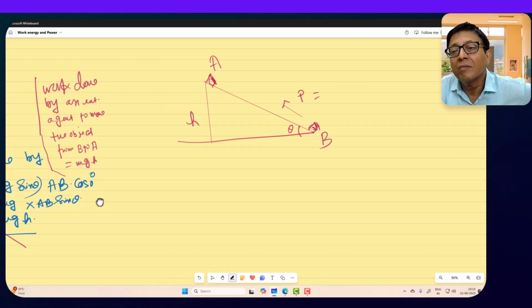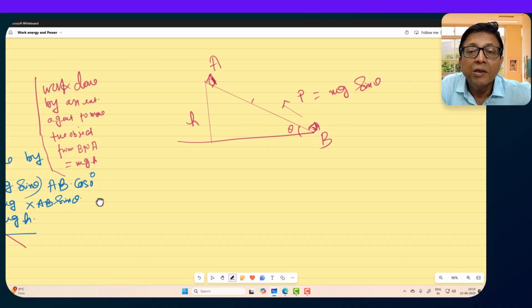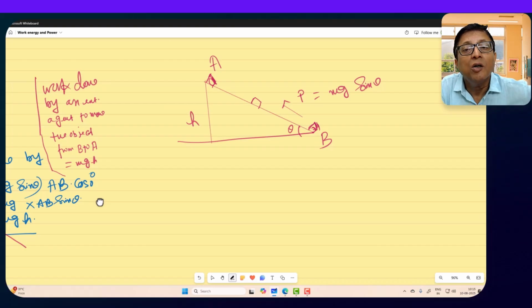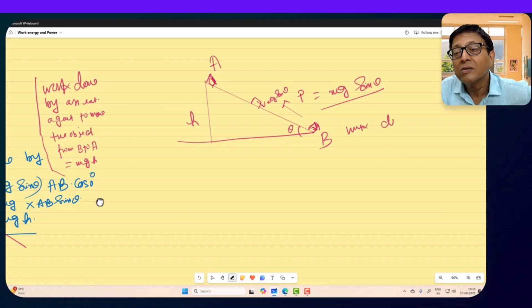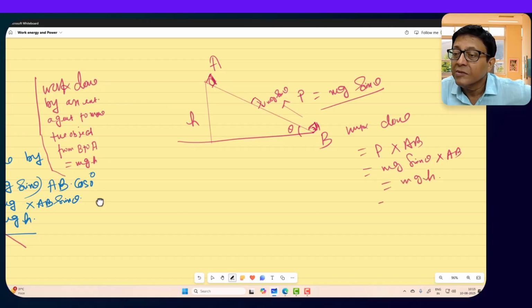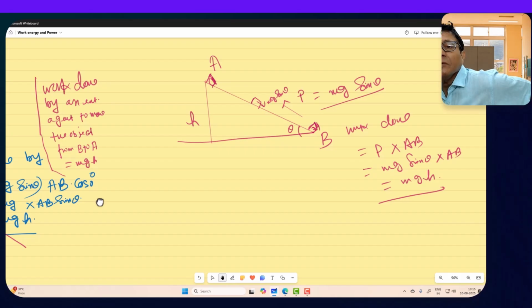P is going to be mg sin theta. At any position, gravity will remain the same here, no? For a small height gravity doesn't change. So force acting down the incline is mg sin theta. Pulling force has to be mg sin theta. So work done will be P into AB, that is mg sin theta into AB. AB sin theta we have seen is h. It is mgh, mg into vertical height.